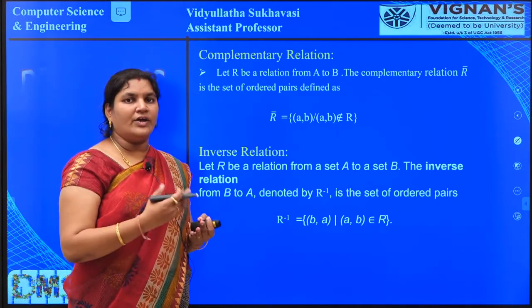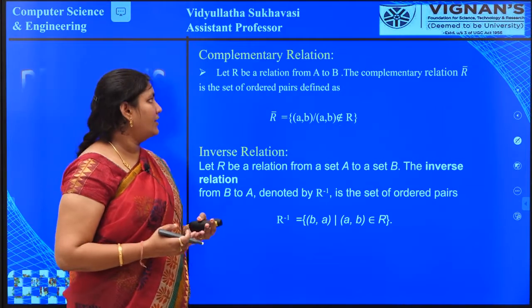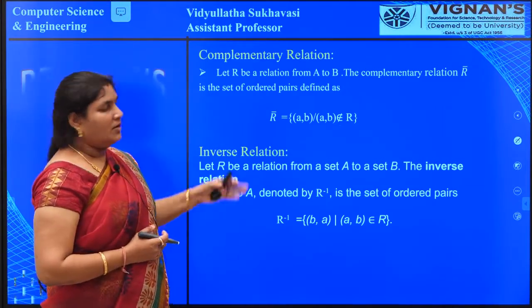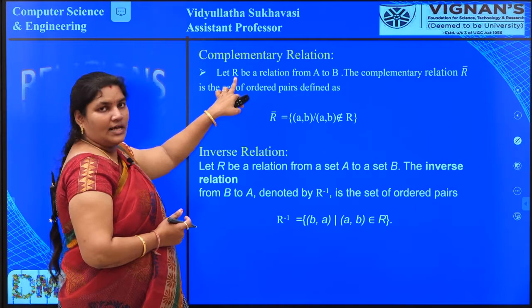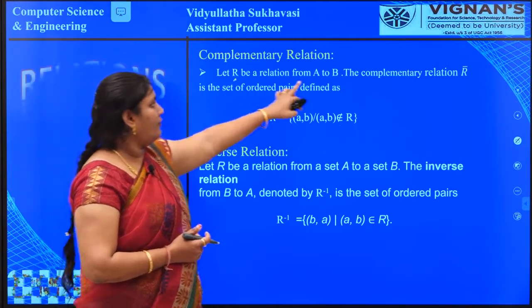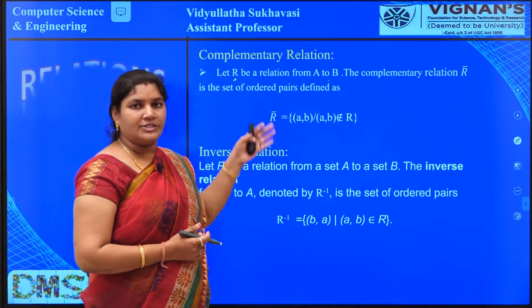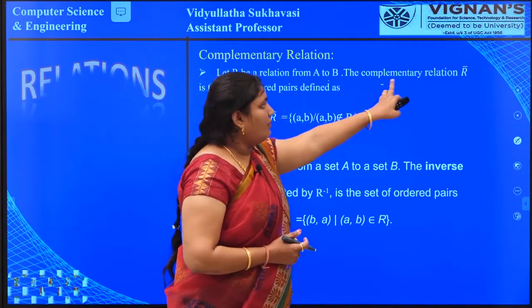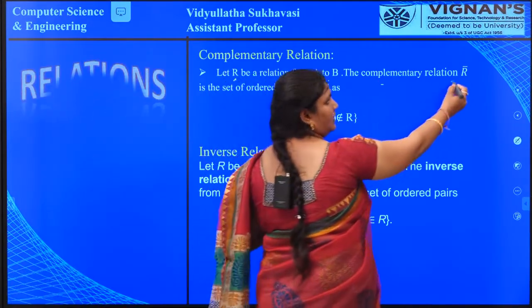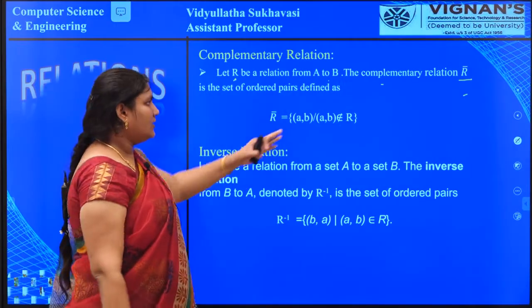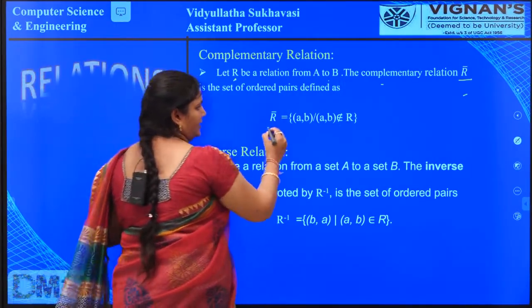We have R as a relation with the help of A and B sets. So how we are going to represent the complement relation for that relation R? The complementary relation will be represented with R bar.